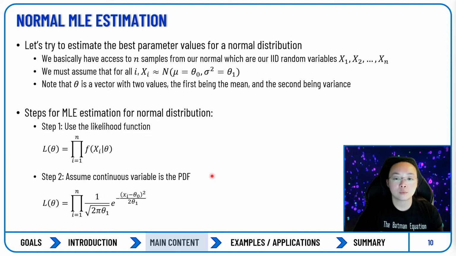Based on this, we can apply the probability density function for a normal distribution, given as follows. We're just simply replacing this with the PDF function, which we've talked about in previous classes. Note the difference in the theta values here: theta 1 is sigma squared, and we have theta 0 as our mean value. So we've simply replaced those two with theta 1 and theta 0.